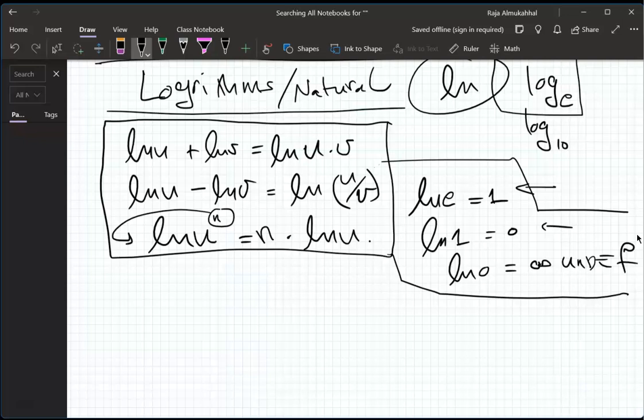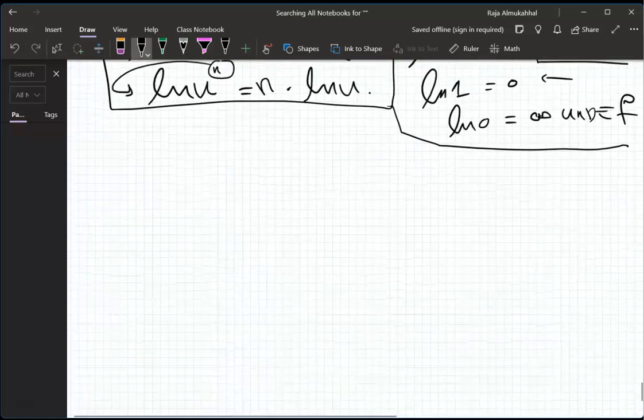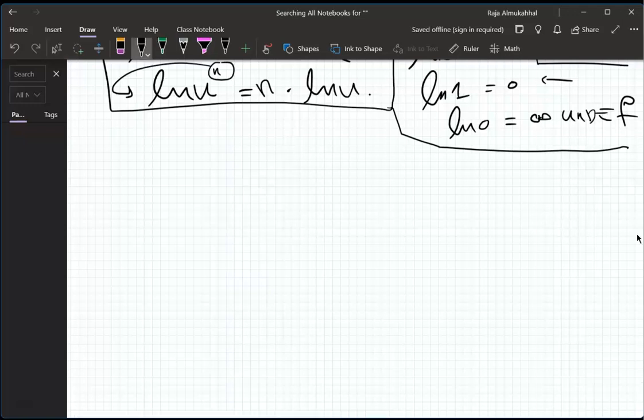Okay, why is natural log important? Here's why. It's important because if you have a variable that is in a power, in an exponent. Let me elaborate. Let's say I have x squared equals 16. Now that's easy to solve.